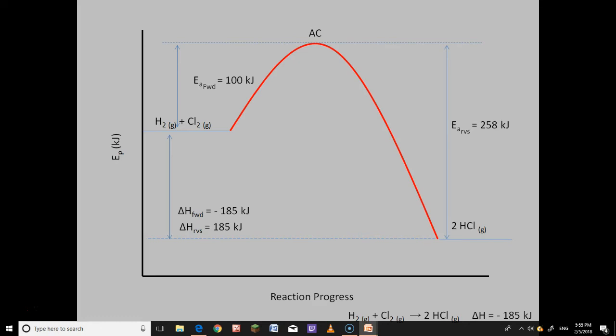And unlike the enthalpy change, the activation energies for the forward and reverse reactions are not numerically the same. They do not have the same magnitude, because I have to overcome or add all the energy back and get up to my peak, and then I get some of it back.